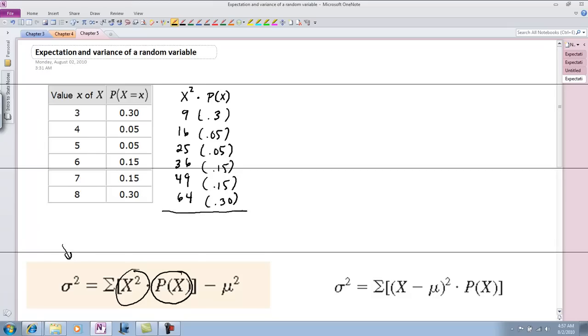And I'm going to do those all really quickly on my calculator. So 9 times 0.3 plus 16 times 0.05 plus 25 times 0.05 plus 36 times 0.15 plus 49 times 0.15 plus 64 times 0.3. Enter. And my answer is 36.7.